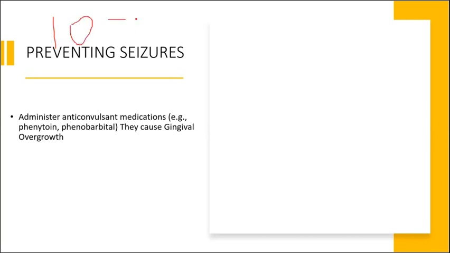A level below this range tells you that the client is not receiving sufficient medication. It means they are at risk for seizure activity. So we may need to adjust the dose upwards.